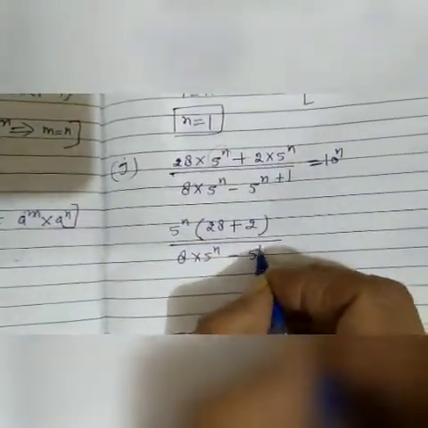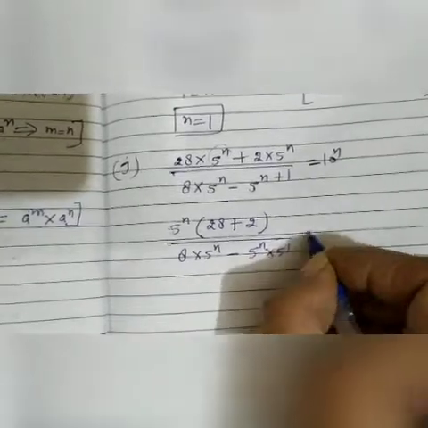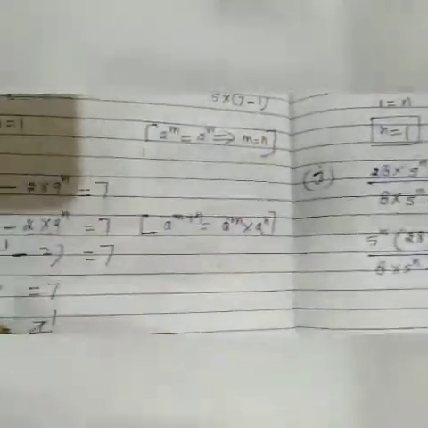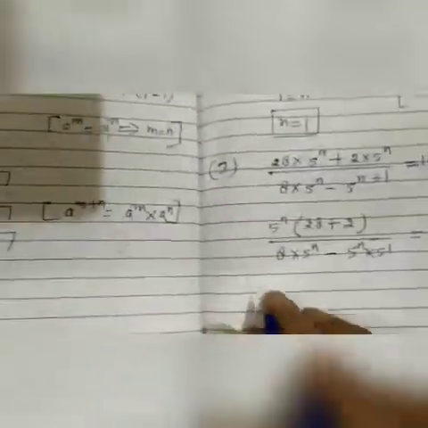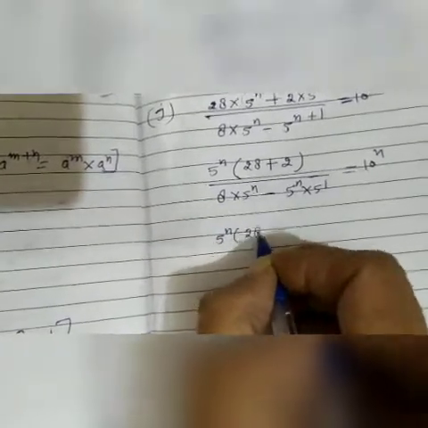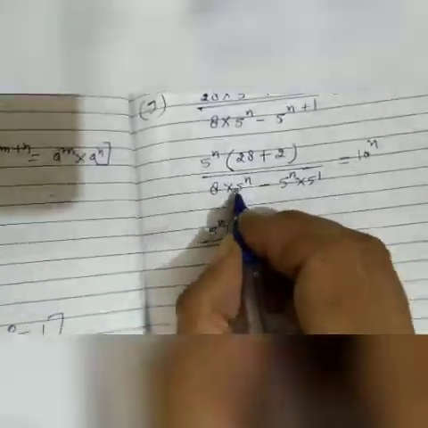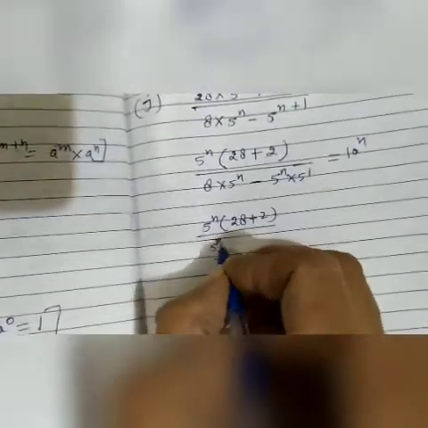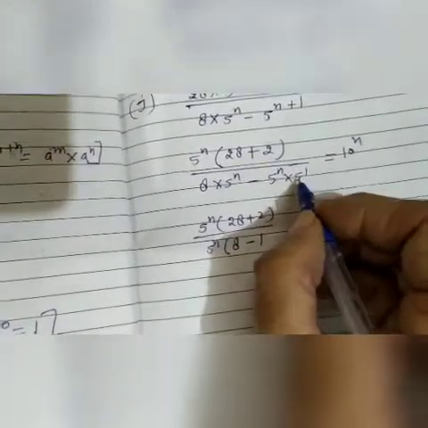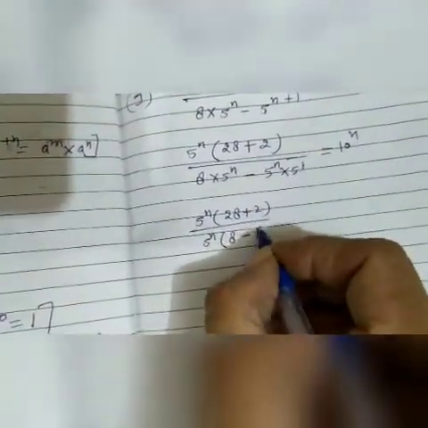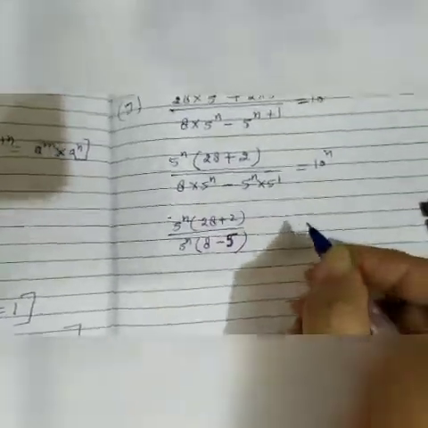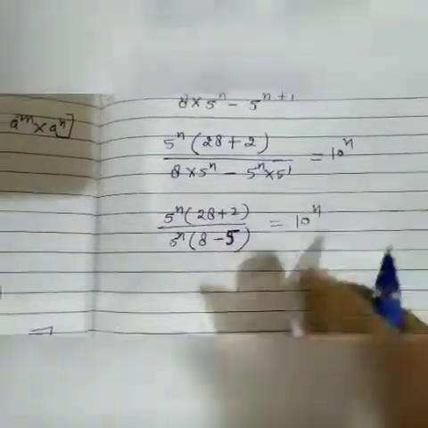We will write it as 5^n into 5^1, equal to 10^n. Now from here I am also taking 5^n common, then 8 is left minus 5^1. 5^1 means 5. It is left 5, equal to 10^n.